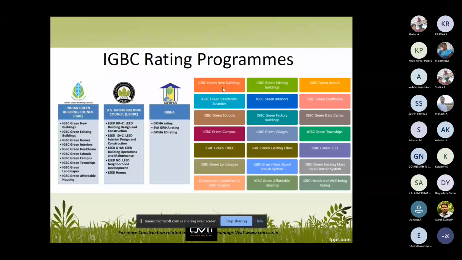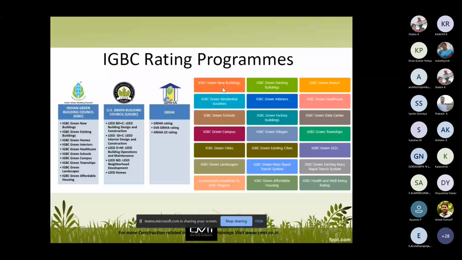We have residential societies, green school, campus, cities, landscape, and affordable housing. Recently, for the high-speed rail corridor between Mumbai and Ahmedabad, a separate rating system was developed by IGBC for high-speed rail systems also. And most of the metro construction is also being certified by IGBC.